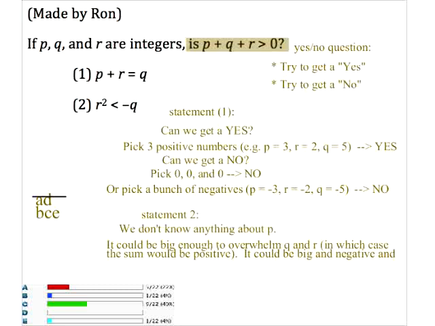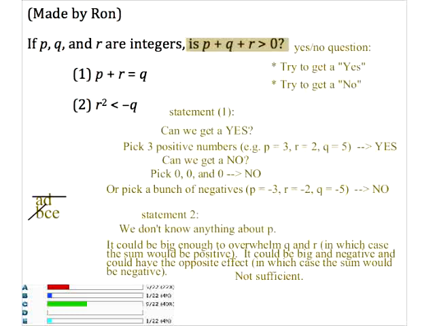It could overwhelm R and Q in the negative way, in which case the sum would be negative. So that's not sufficient. So we are gone with B too. So let's move to the next page and look at the 2 statements together.